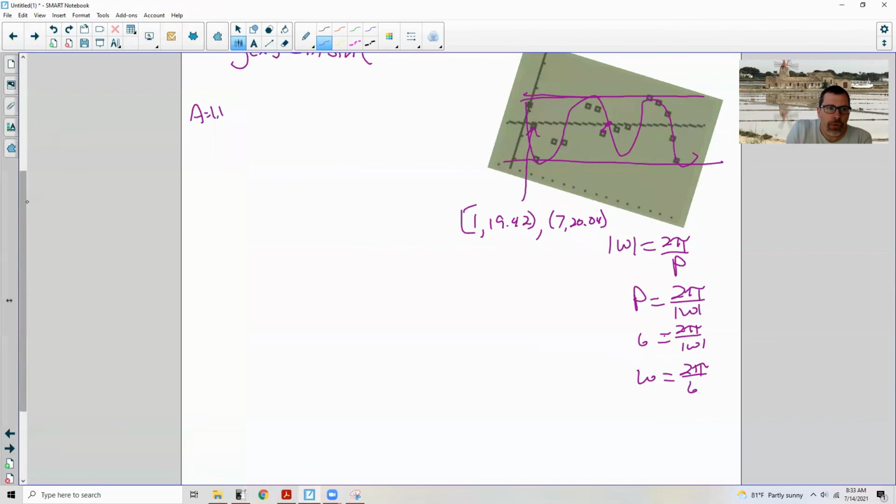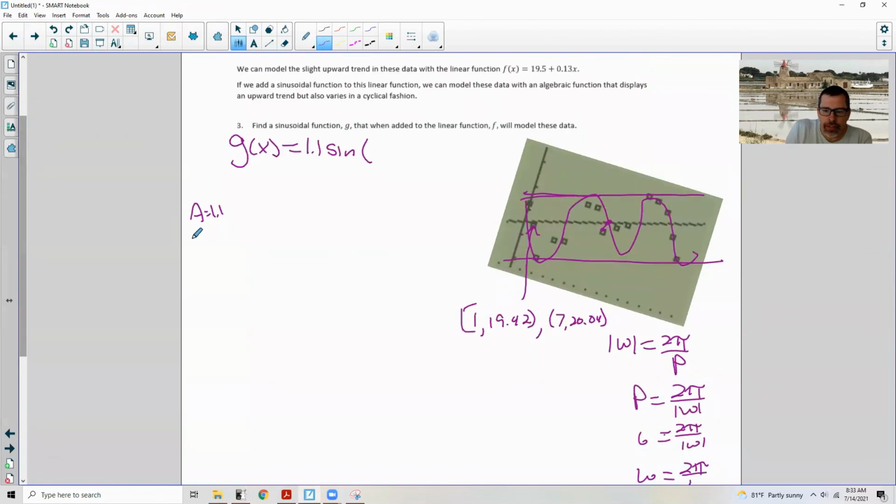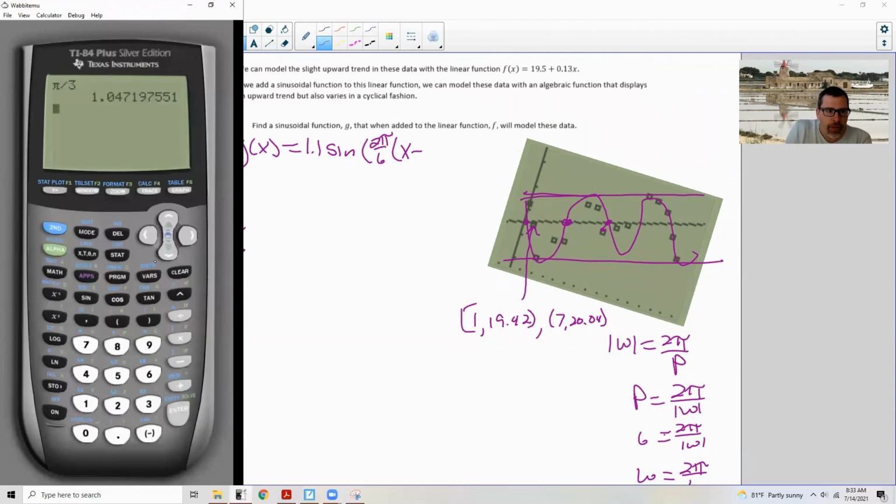Okay, so that is our omega, 2 pi over 6. Hopefully you followed that. 2 pi over 6, parentheses, x minus, and our shift is to here. The sine function starts at 0 on this line here, but it's shifted over to here. And that value is approximately what, 4? Let's look. Go to graph, trace.